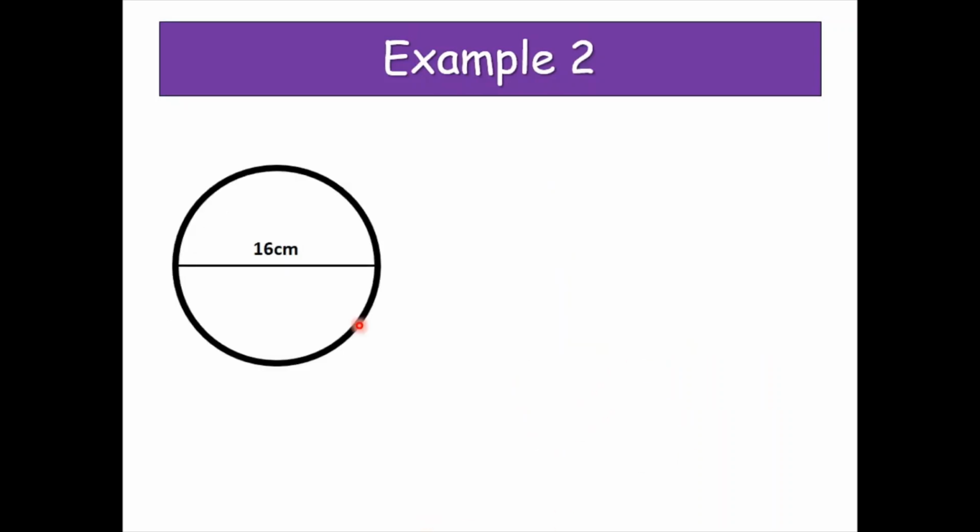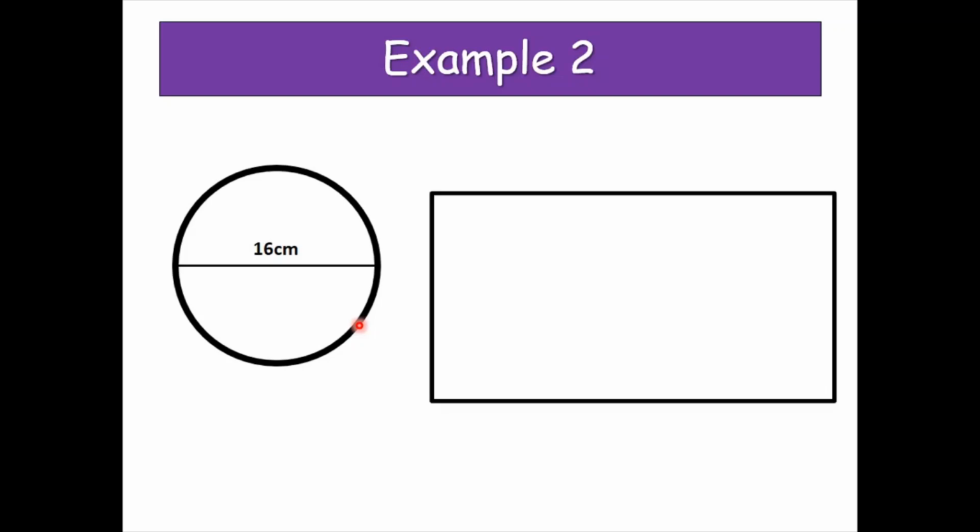Right, we'll do another question now where they've given you the diameter instead of the radius. As I mentioned earlier, you should all know that the relationship between the two is that the diameter is double the radius. So if I need to use the radius, because my formula, in case you've forgotten, is pi times radius squared, you need to half the diameter first. So if the diameter is 16, half of that is 8.